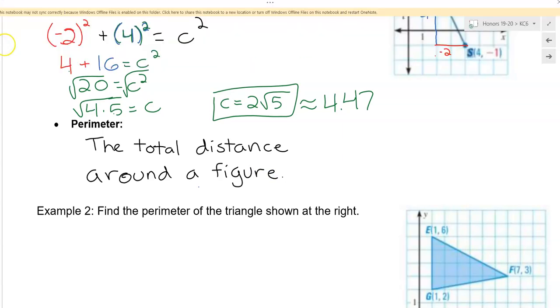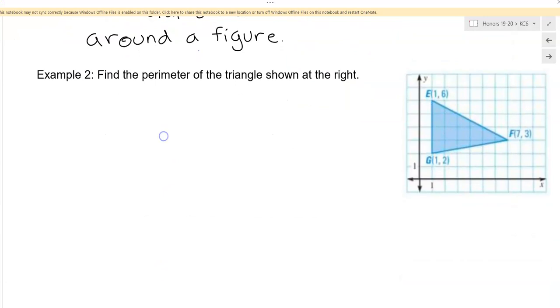Find the perimeter of the triangle shown at the right. If your side goes straight up or down or straight across, you can just count. This is easy. This side: 1, 2, 3, 4. So the length of EG, how we show it with the distance, is we put the bar on top, because it's a line segment. So the line segment EG is 4 units long.